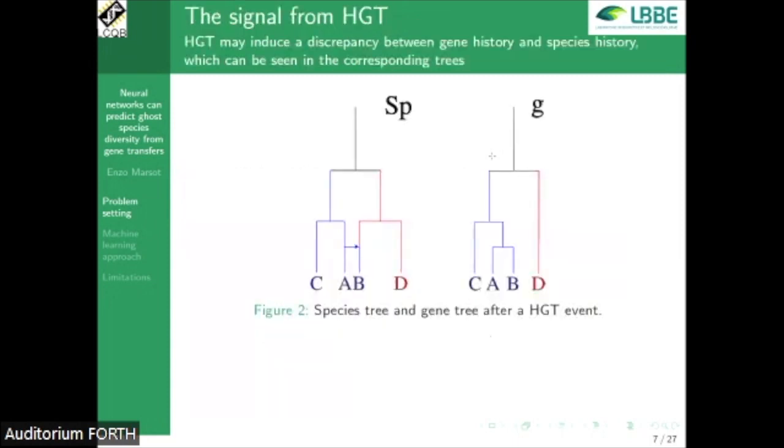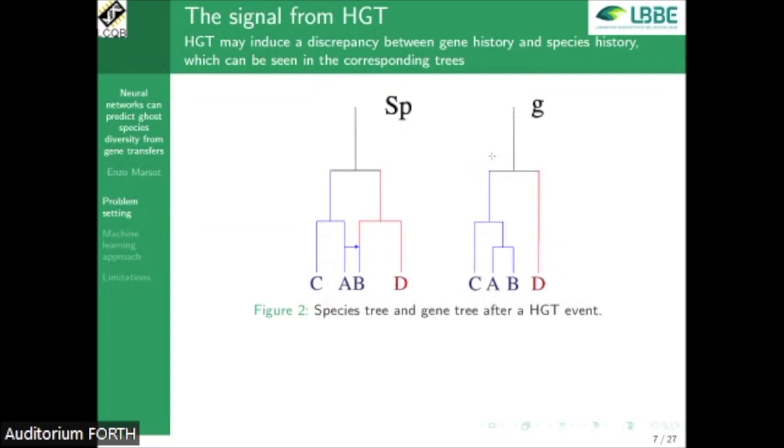So let's see how we can see that a horizontal gene transfer occurred. In this example, we suppose we have this species and a transfer occurs here. It means that when we get the genome of A and B, for the gene G, they will look way closer than they actually are as species.